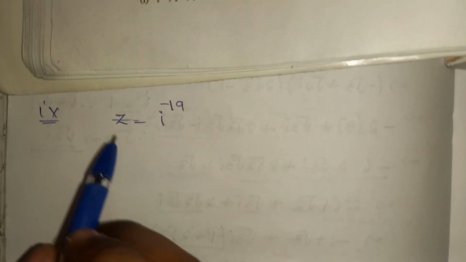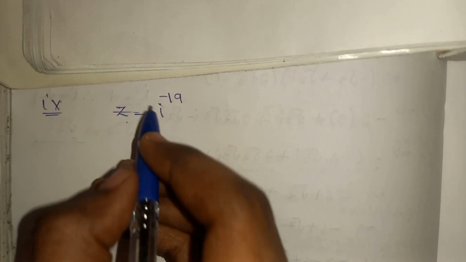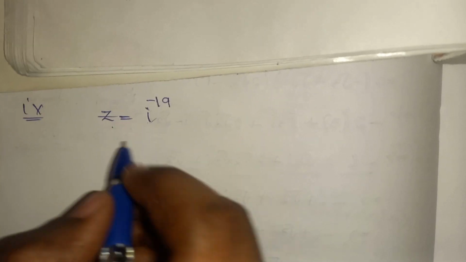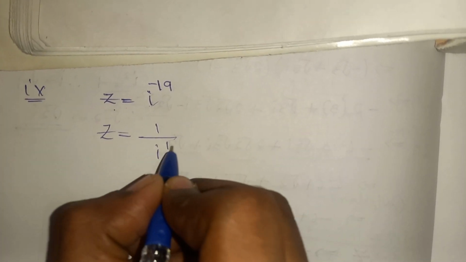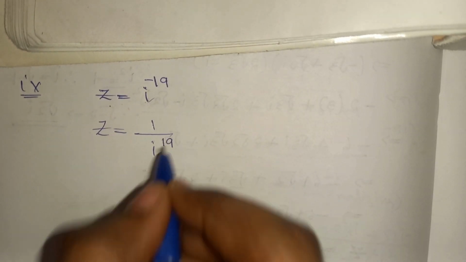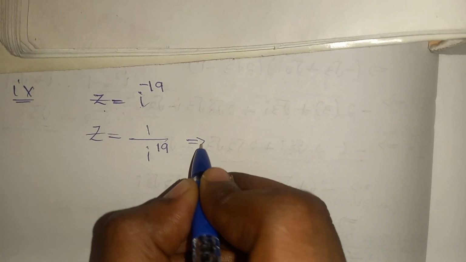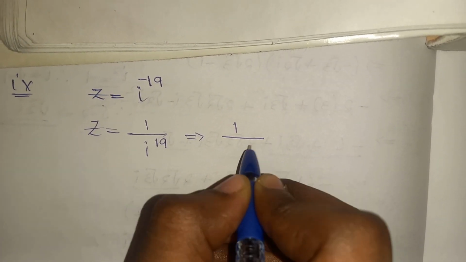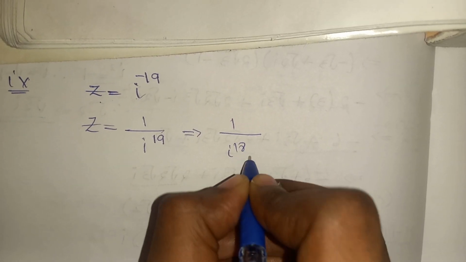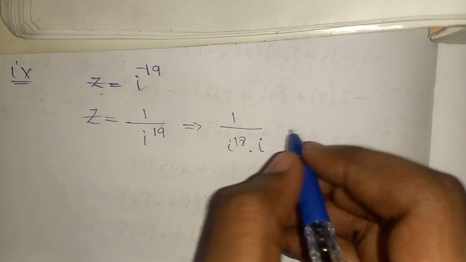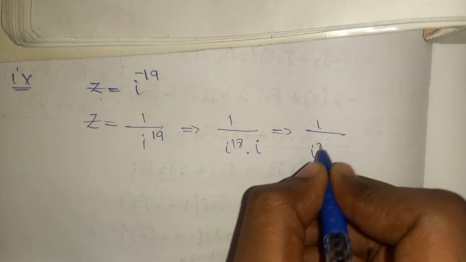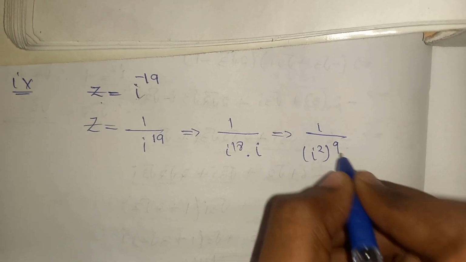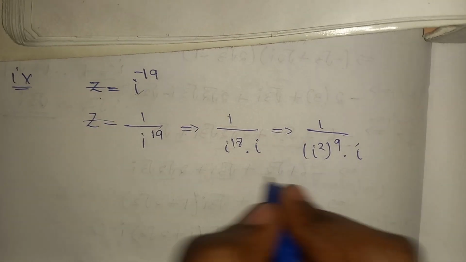Ninth question, given z is equals to i to the power minus 19. So first we will write it as z is equals to 1 by i to the power 19 to make this power positive. Now this can be written as 1 by i to the power 18 into i, right? Which is nothing but i to the power 18 can be written as i square whole to the power 9 into i.